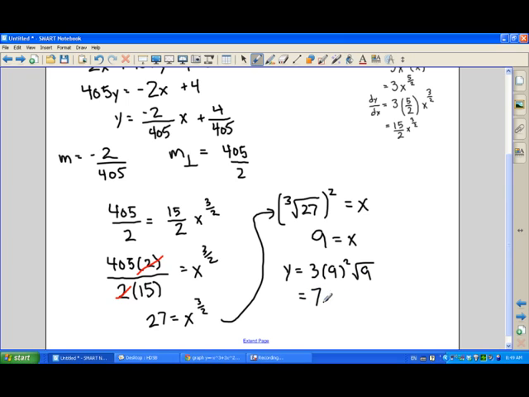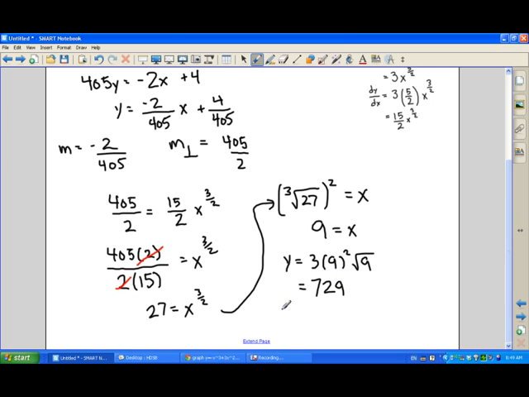You should get 729. So we can say that the point is 9 and 729. That's the point where the tangent to our original curve is perpendicular to the line we were given.